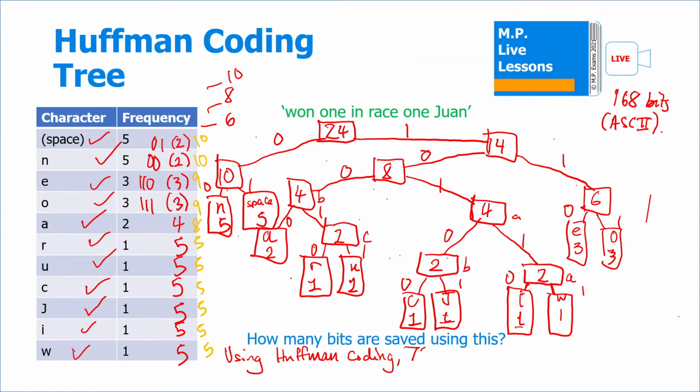We use 76 bits, so we save about 92 bits compared to ASCII.